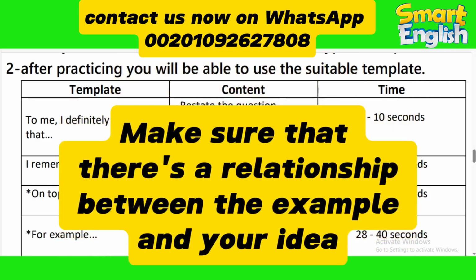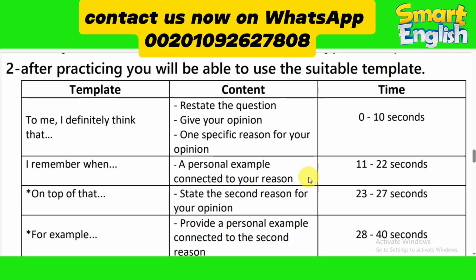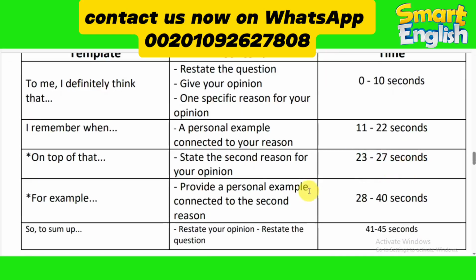They can provide an example, but there is no relationship between this example and the topic that you are dealing with. So it's a big mistake. Don't put in just any example; have an example related to the main idea or the reason you mentioned in your speaking. And don't take more than 11 to 20 seconds on this point. Okay, let's move on.